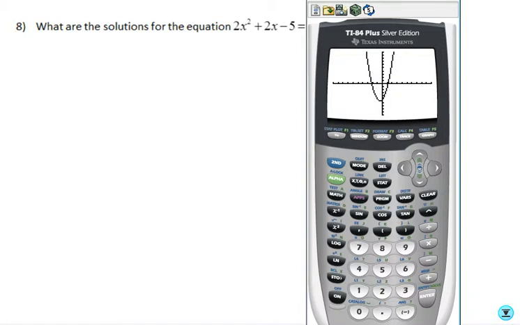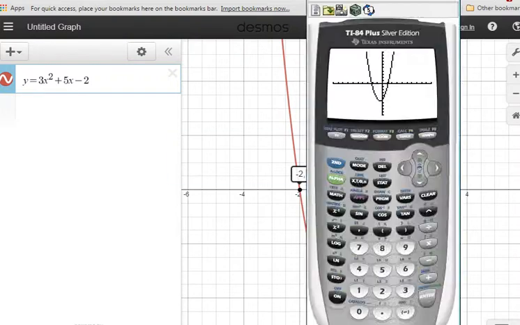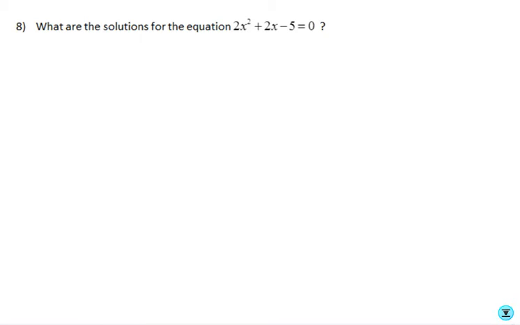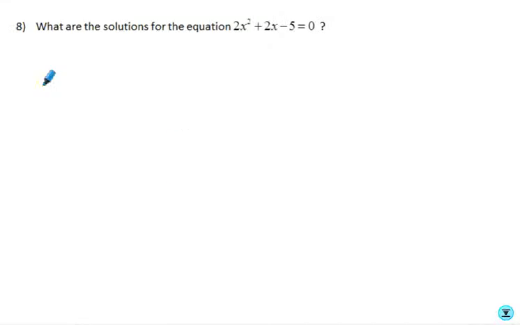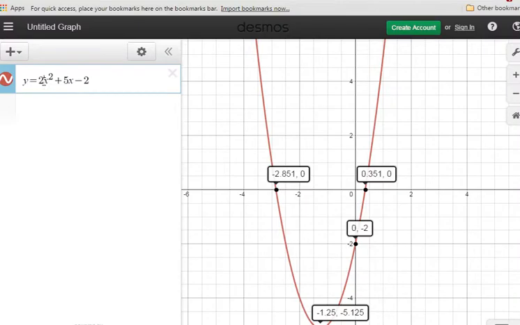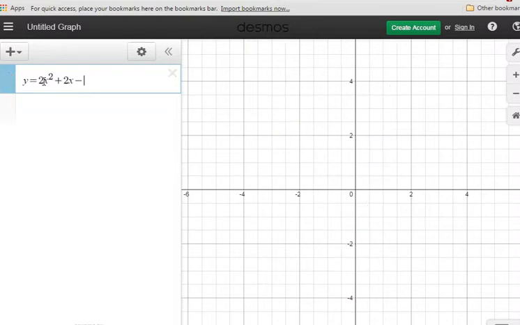So as we mentioned in other videos, that's why we've got a backup, our buddy Desmos, that we can plug the equation into and see what it's going to look like. Let me throw that in there: 2x squared plus 2x minus 5. Again, we're getting the answer before we do the problem.